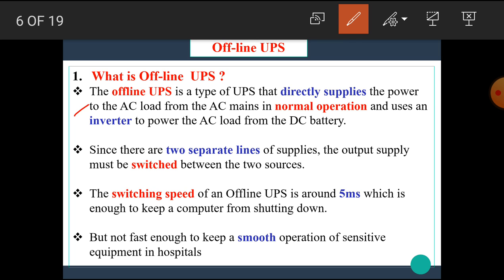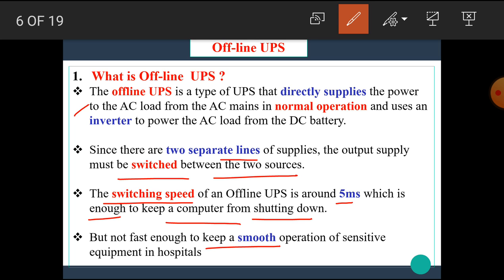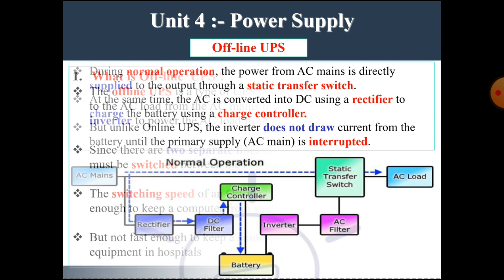Since there are two separate lines of supplies, the output supply must be switched between the two sources. The switching speed of offline UPS is around 5 milliseconds, which is enough to keep a computer from shutting down, but not fast enough to keep smooth operation of sensitive equipment in hospitals.